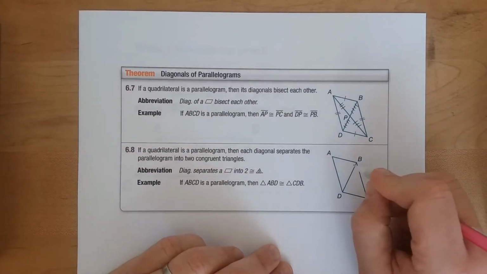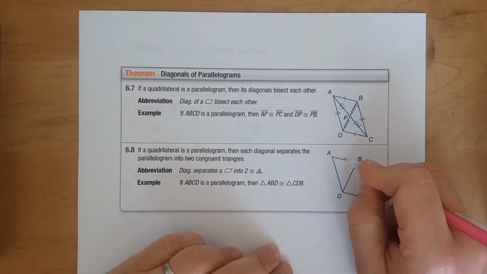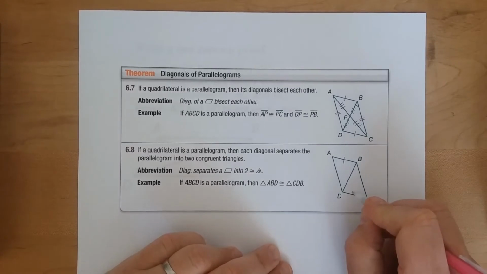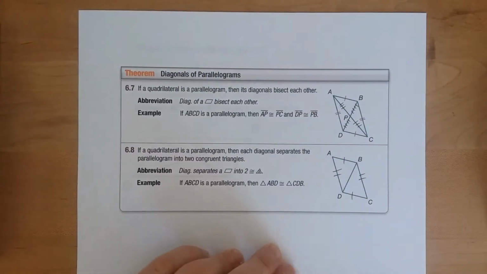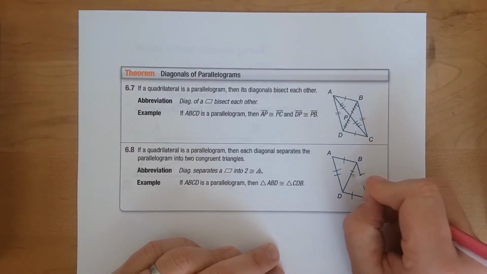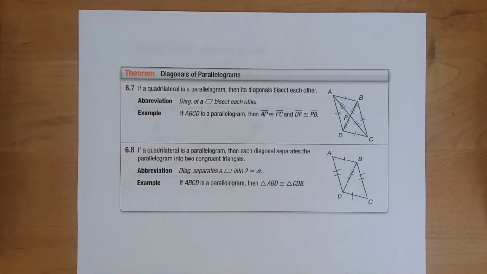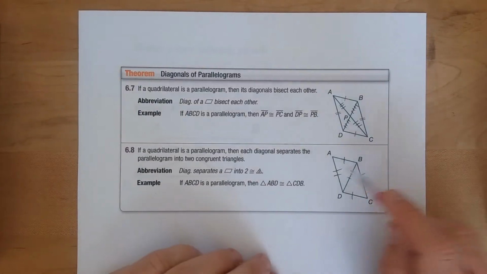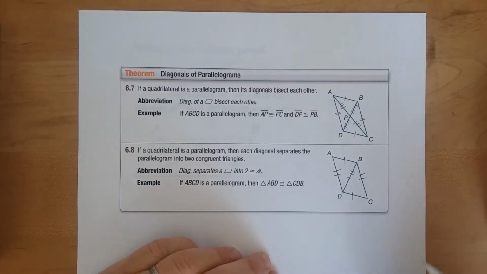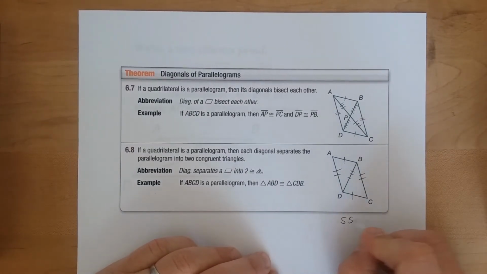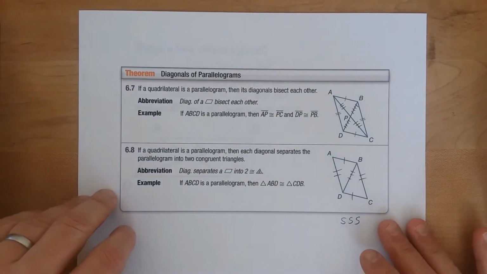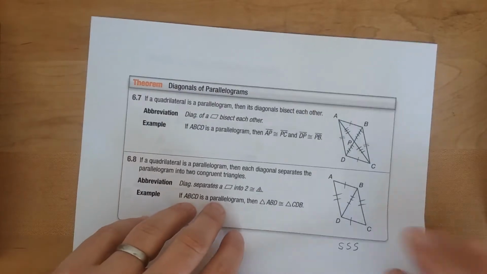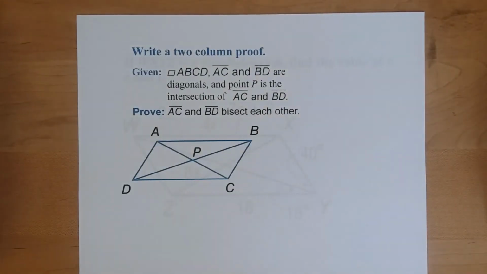And this should make sense because we have AB congruent to DC, AD is congruent to BC, and we can see that BD is congruent to itself. And so you might recognize that these two triangles are congruent to one another using side, side, side. Okay. Let's see what else we got here. That's where the two-column proof.